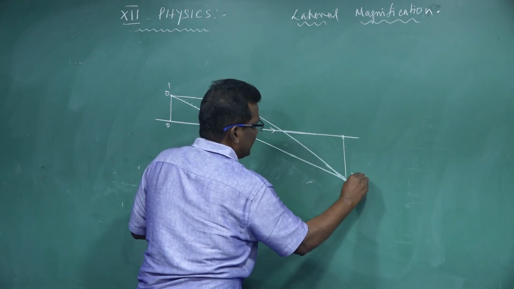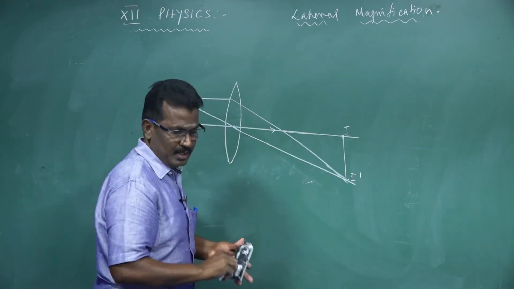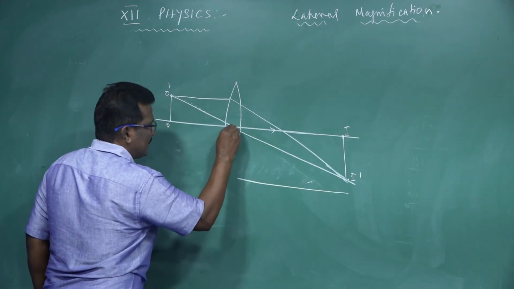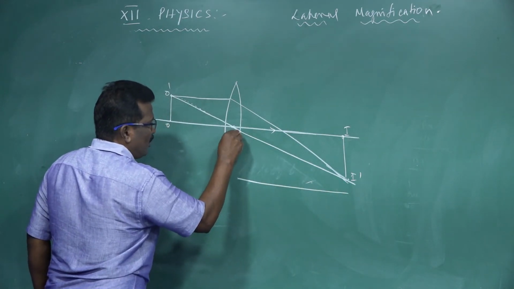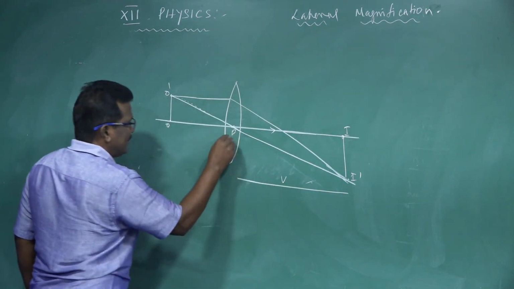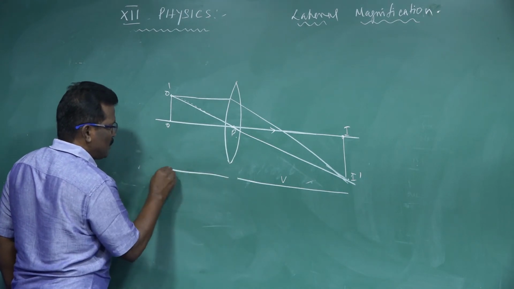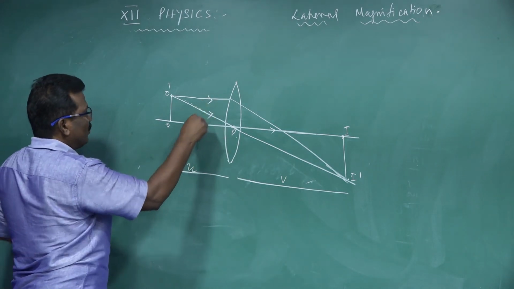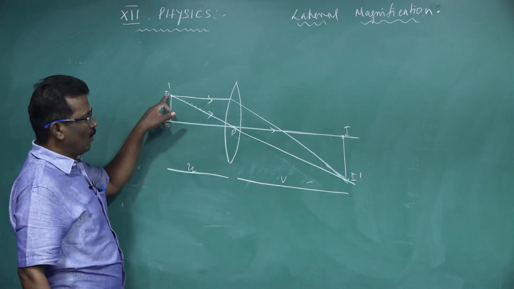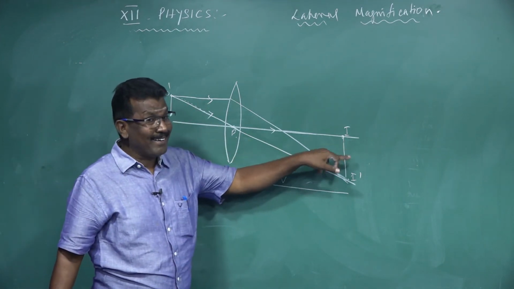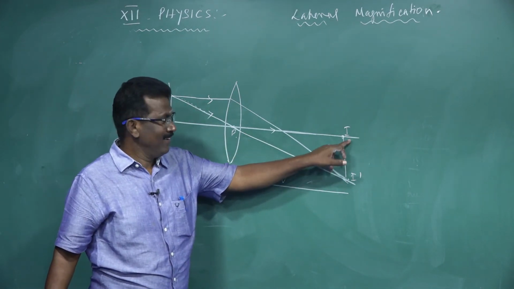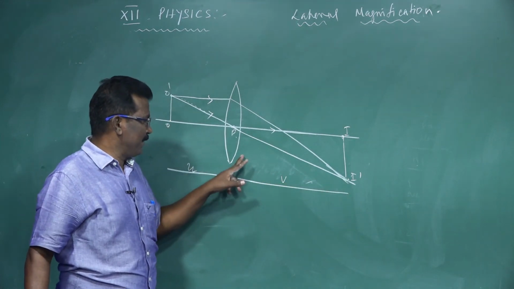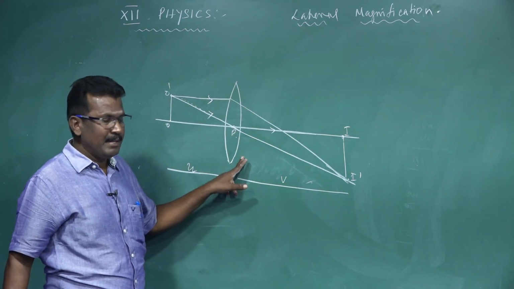The image is formed, that's I prime and I. The distance between pole and object is u, and the distance between pole and image is v. The rays coming from the source O prime form an inverted real image at distance v from the point P.